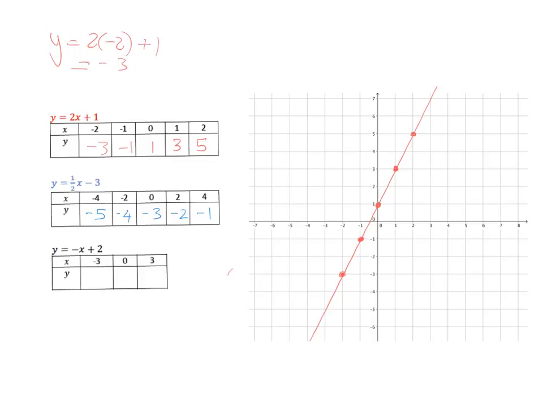Now I can go ahead and plot all of those points on this plane. So when x is -4, the y value is -5, so my point is down over there. When x is -2, my y value is -4, so it's over there.